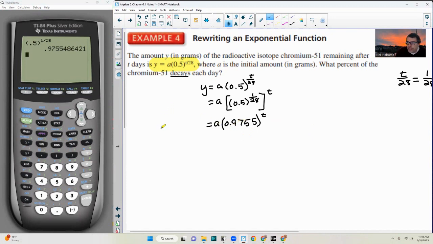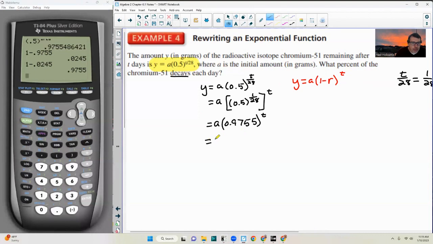And then we're going to rewrite this in the form of, remember, the equation is y equals a times 1 minus r to the t. So how do I make that 1 minus? 1 minus 0.0245 is 0.9755.